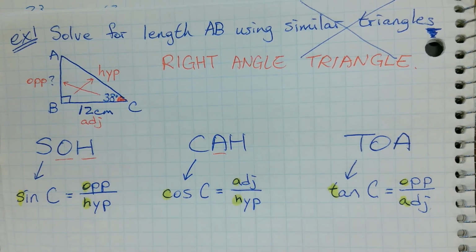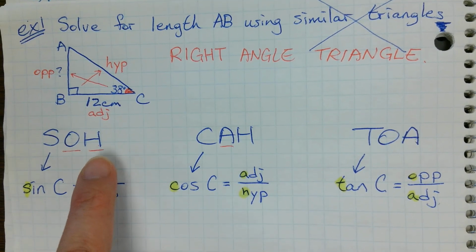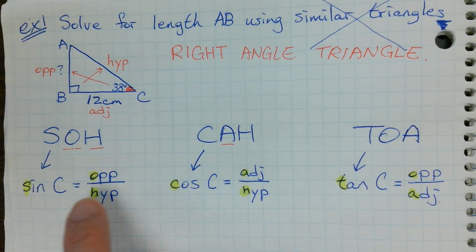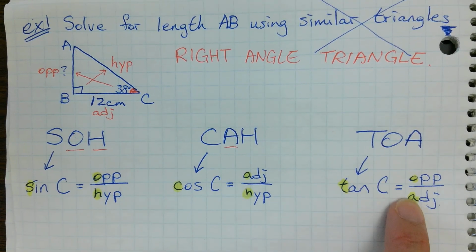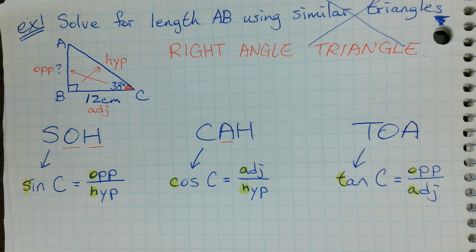SOH CAH TOA. Now, what happens if you misspell SOH CAH TOA? You get it wrong on the test. So if you are going to use SOH CAH TOA to help you remember the order, make sure you remember the spelling.